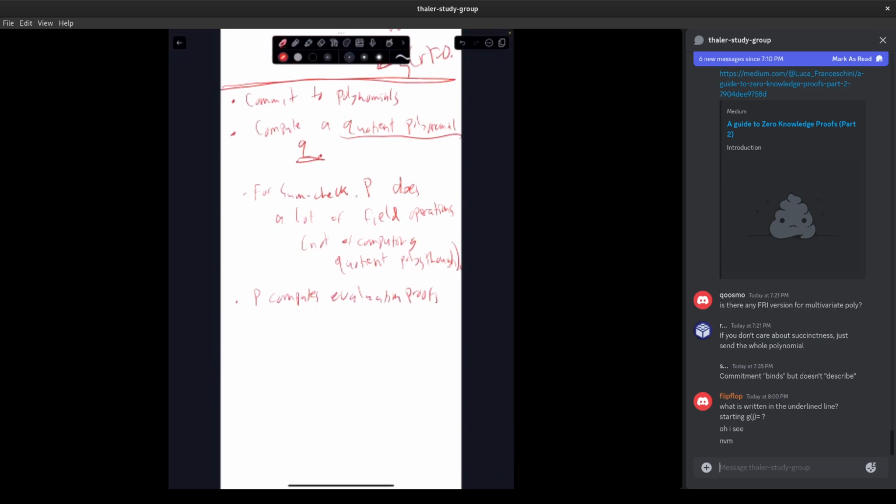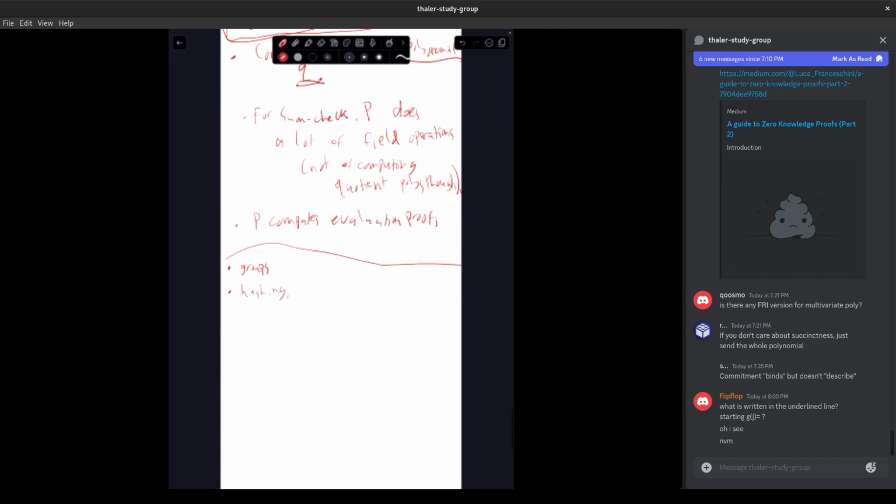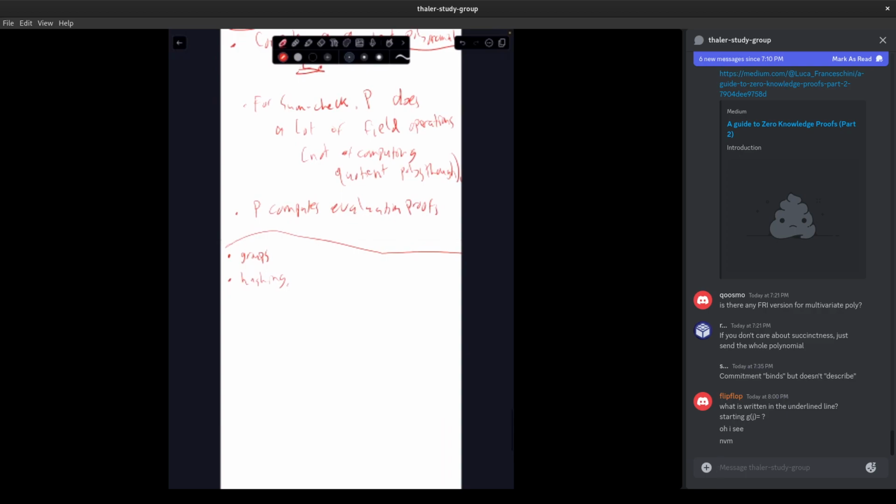Okay, so let's talk about what happens, first, in the commitment schemes. Remember the commitment schemes fall into 3 categories, where the first 2 are based on groups, and the third is based only on hashing. I'll just tell you roughly what happens in all polynomial commitment schemes in these two classes.